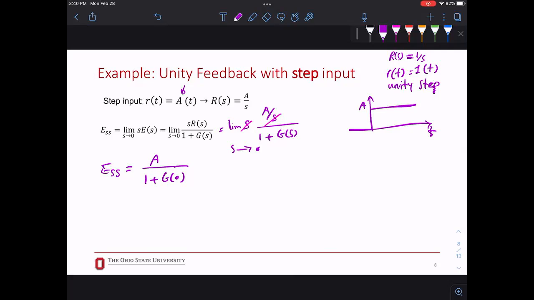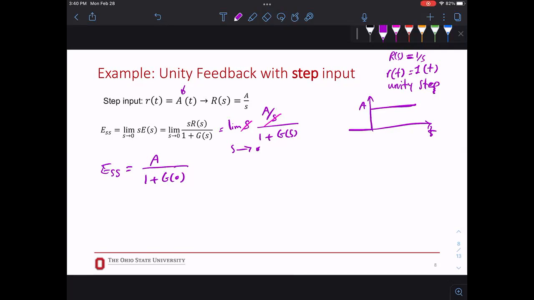So when you have a unity feedback and a step input, you can expect a constant value for your steady state error. You will usually have a steady state error in this case, and it's not good because you don't want a steady state error. Your goal is to drive that to 0, right?